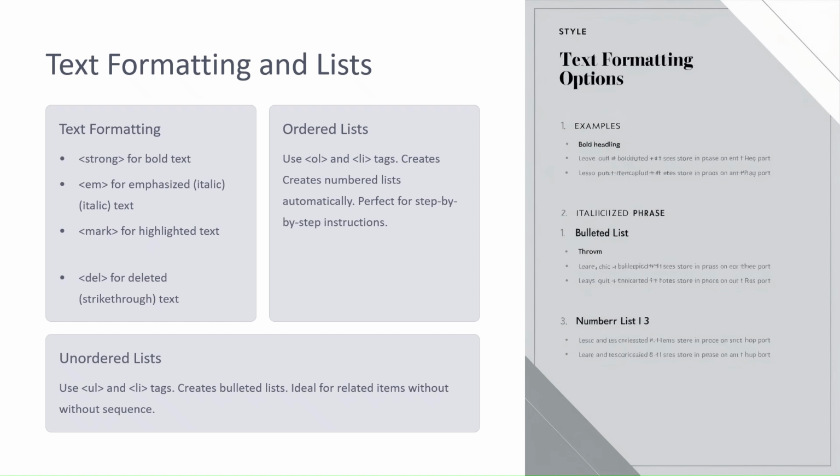Strong is better, it gives you more options, right? And for italic you will use i, surrounded with the brackets, right? Brackets I will say for the greater than, less than signs, because it's longer to speak, instead of which we say brackets, right? So in closing, that brackets. For emphasized, italic, mark, or deleted text, these are the other options you can use.